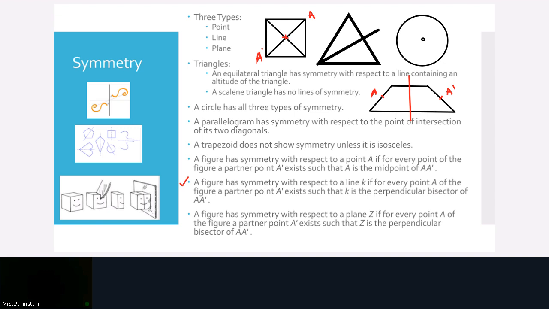So if we drew the line from A to A prime, the line of symmetry passes through at the midpoint of that line. A figure has symmetry with respect to plane Z if for every point A of the figure, a partner point A prime exists such that Z is the perpendicular bisector of A prime. And you can kind of imagine that in my illustration here.